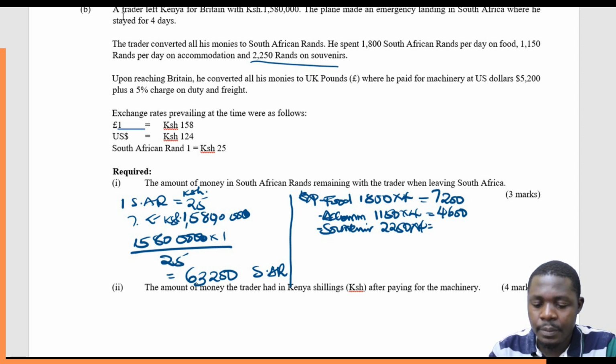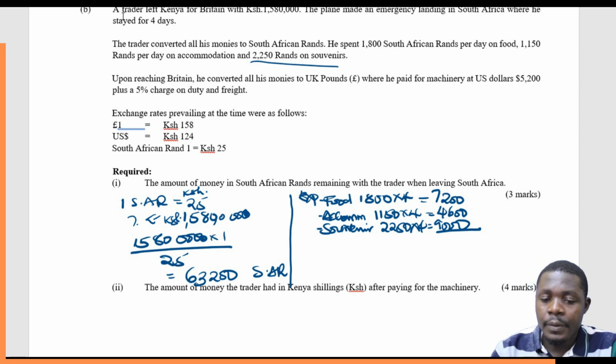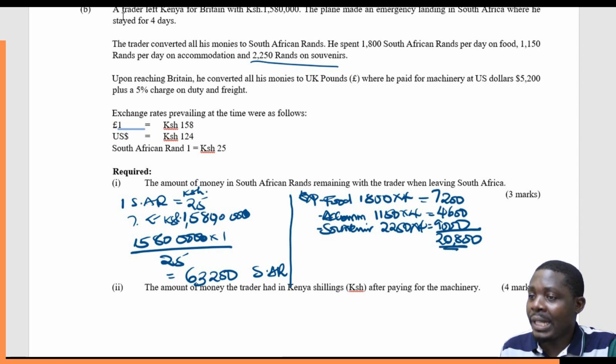Multiplied by 4. That is 9,000. Now the total we have is 20,800. That is the money he utilized, so he spent while in South Africa.